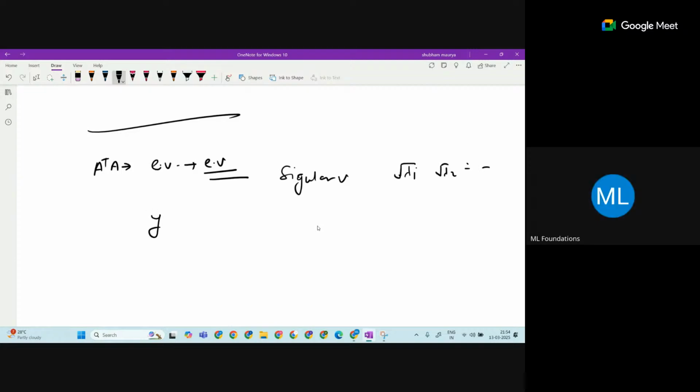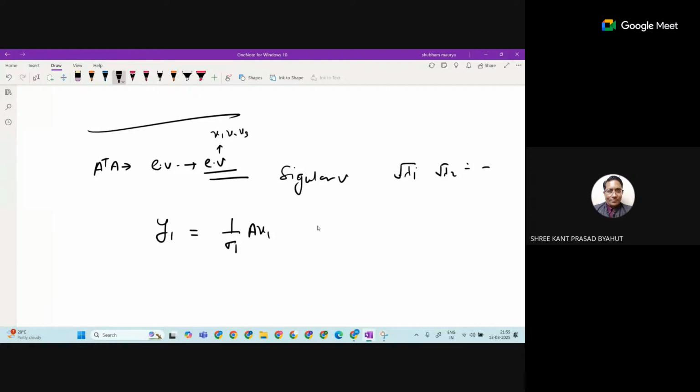And then you will use Y1. Using these values, you will find y1, y2, and y3, where yi is going to be 1 upon sigma 1, then A, the original matrix, and then X1, whatever the eigenvectors. Here, let's say v1, v2, and v3 you got.